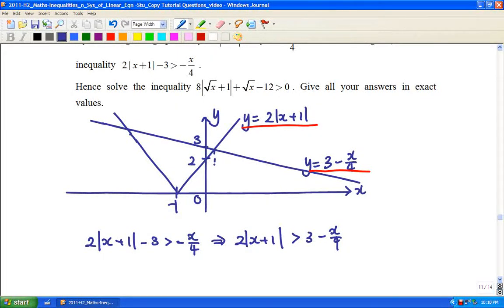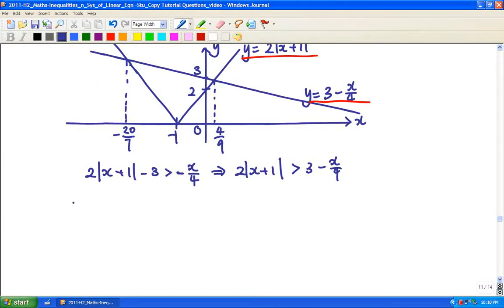I'll leave it to you to use the GC to find. You should get the values of 4 over 9 and minus 20 over 7. Do check the previous few videos to state your conclusion properly.